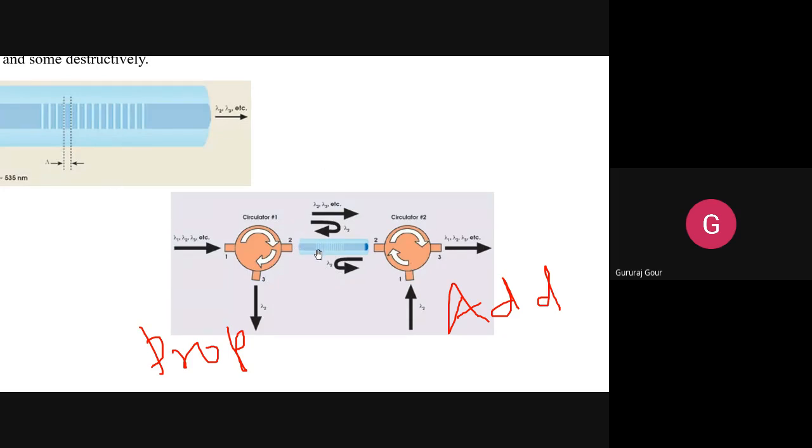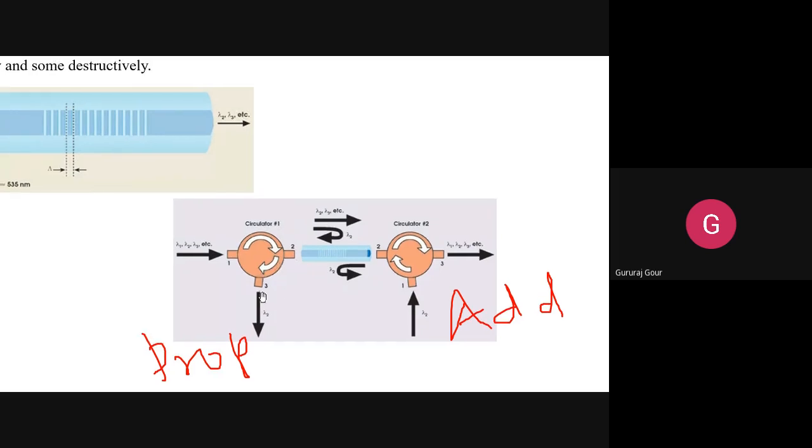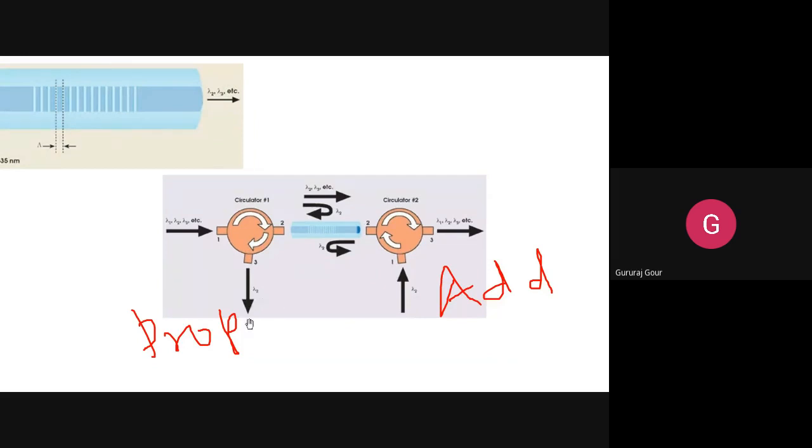Here it is entering into the fiber grating. If it is a multiple of lambda 2, it will be reflected back by this fiber grating filter and allowed to exit from port 3. We are intentionally making lambda 2 to be dropped with the help of this fiber grating filter, which is tuned to reflect back lambda 2.